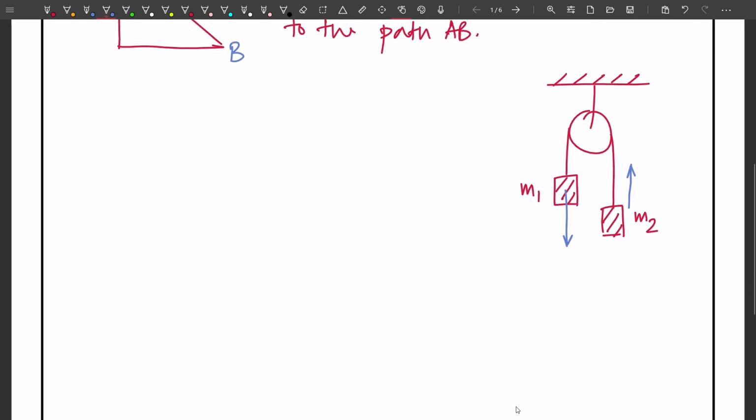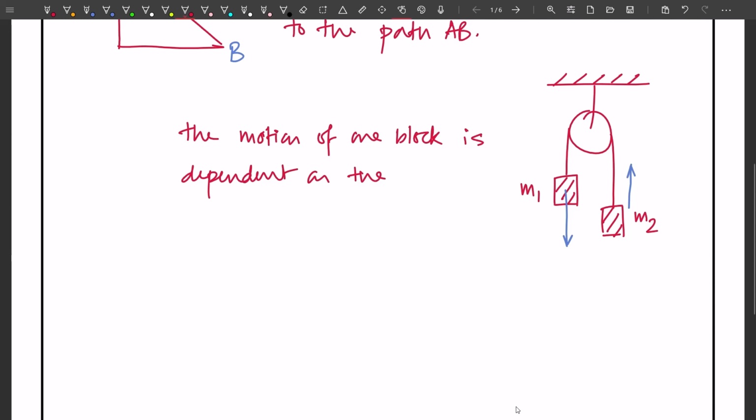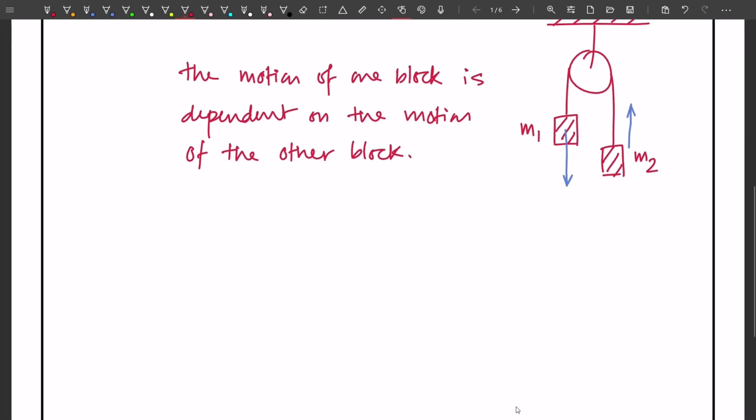So we can say that the motion of one block is completely dependent on the motion of the other block. So this is also an example of constraint motion.